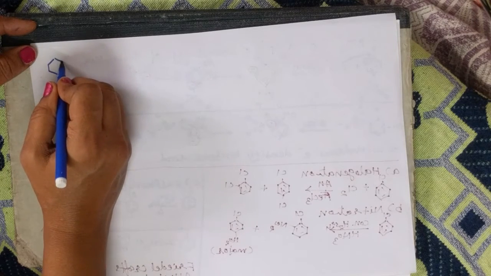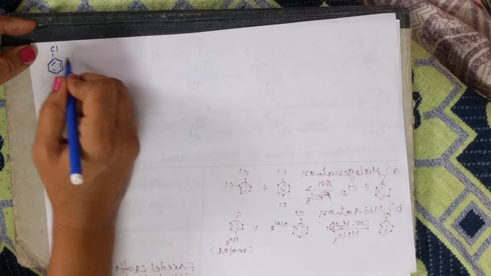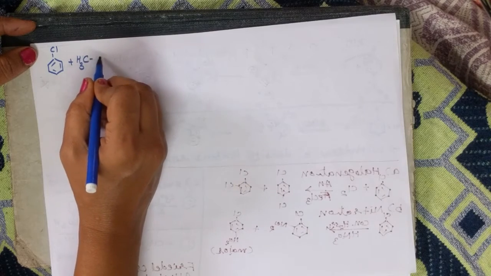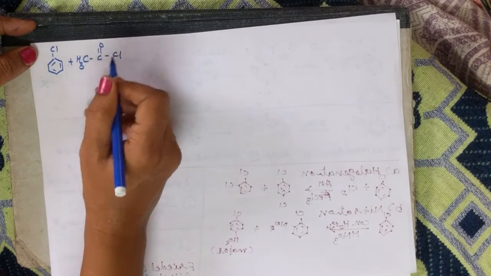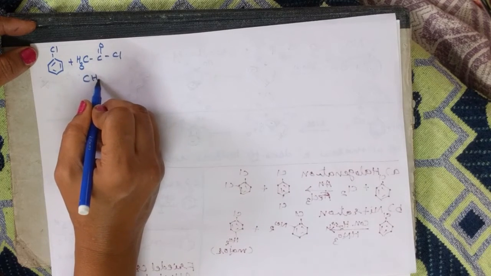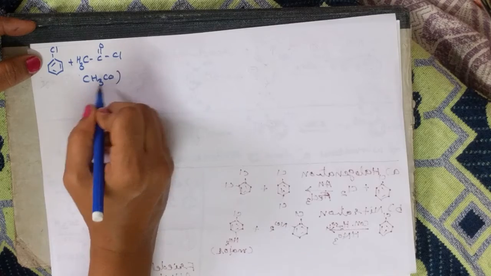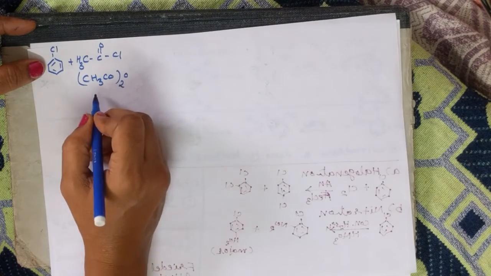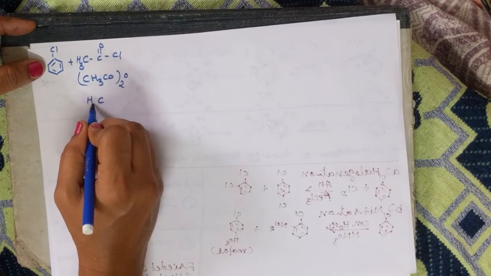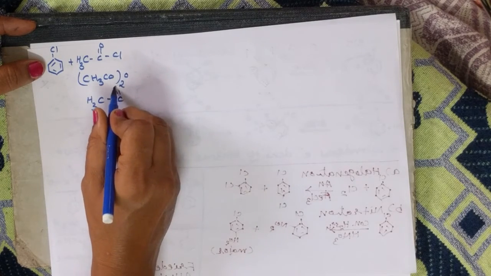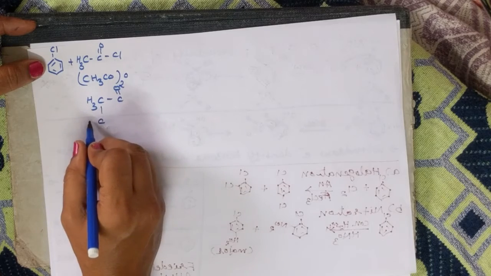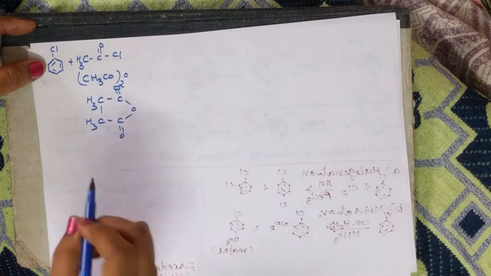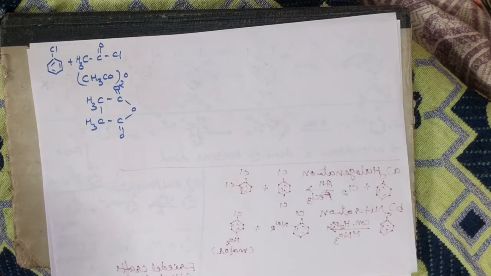For acylation, with our chlorobenzene, the reactant is CH3C=O Cl or CH3CO twice O, which we can also take, students. So this is CH3C=O Cl, and this one is (CH3CO)2O.